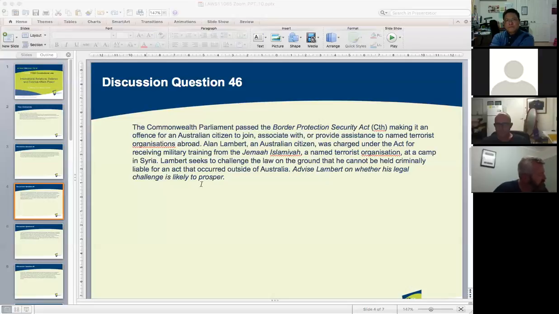So in this case, I would say that despite the fact that the training occurred overseas, Lambert is still bound by that legislation by being an Australian citizen.